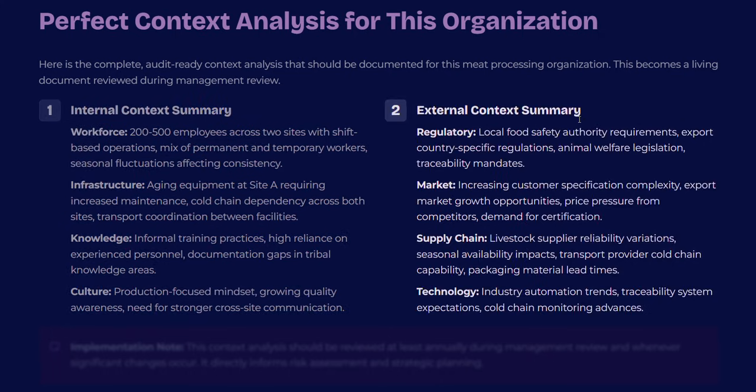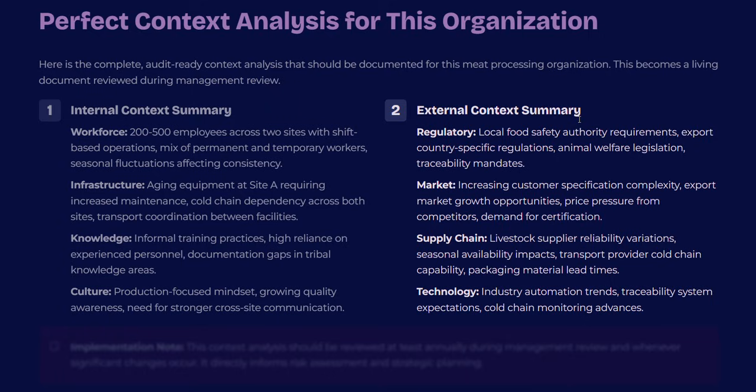The external context summary for the external issues. Regulatory: local food safety authority requirements, export country specific regulations, animal welfare legislation, traceability mandates. Market: increasing customer specification complexity, export market growth opportunity, price pressure from competitors, and demand for certifications.